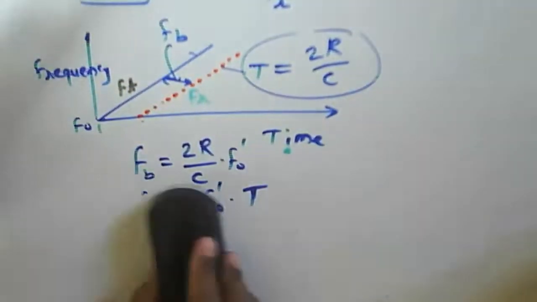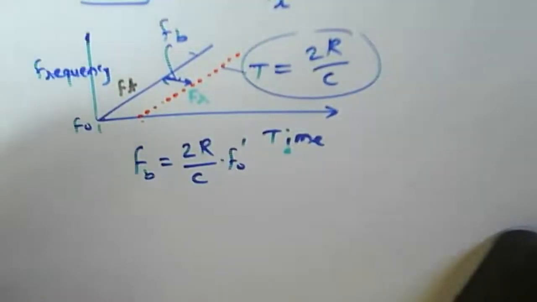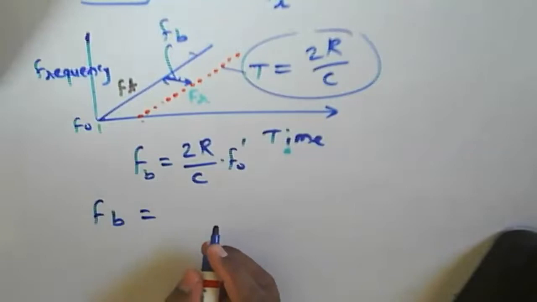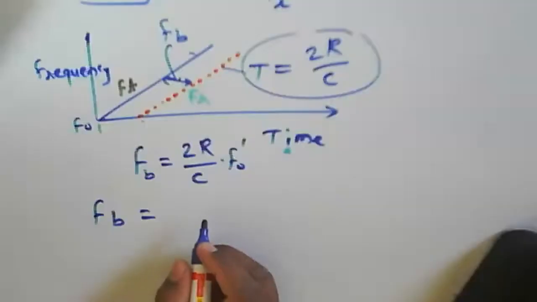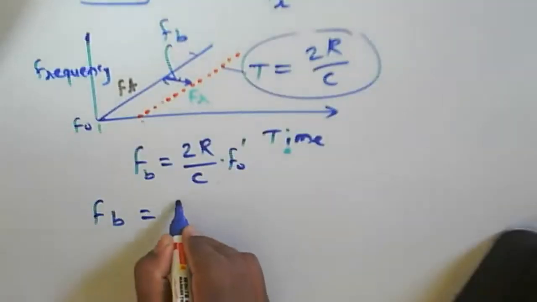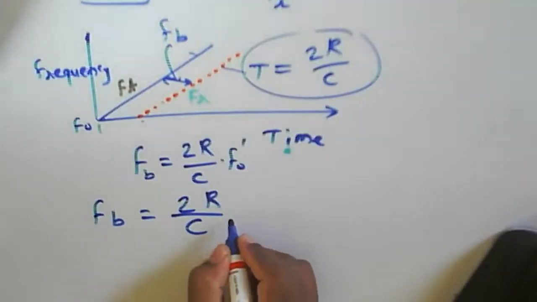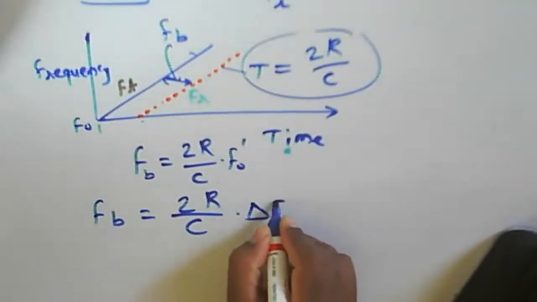So simply we can write it in another way: the beat frequency is equal to twice R divided by c, times delta f.